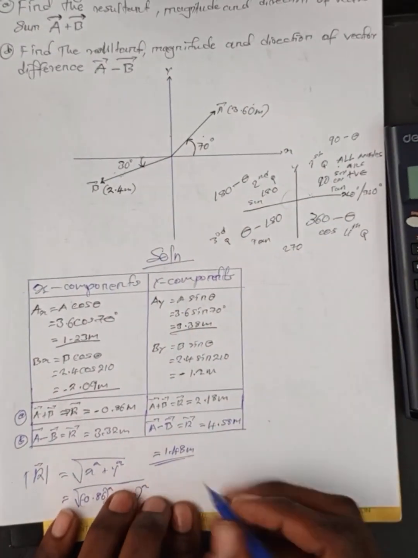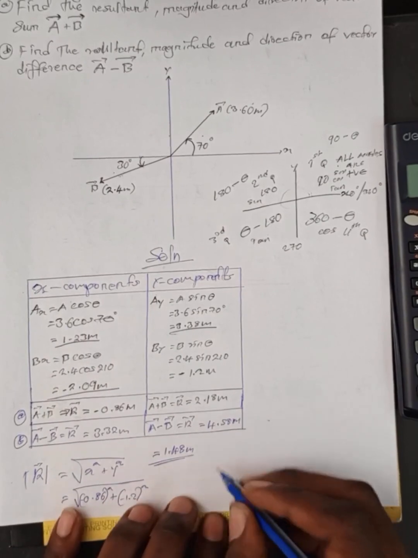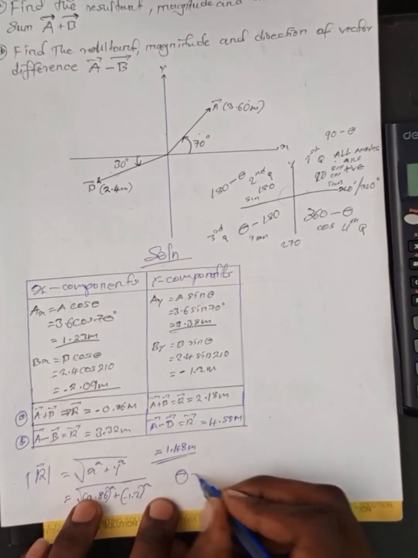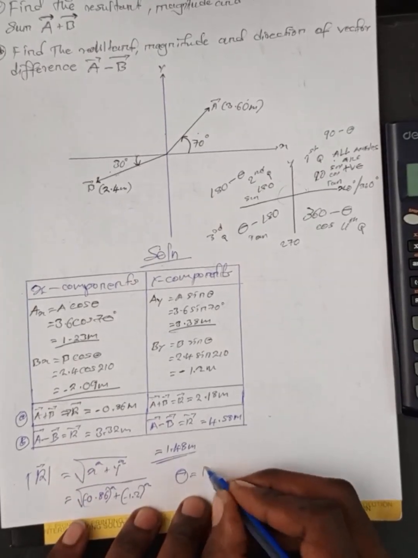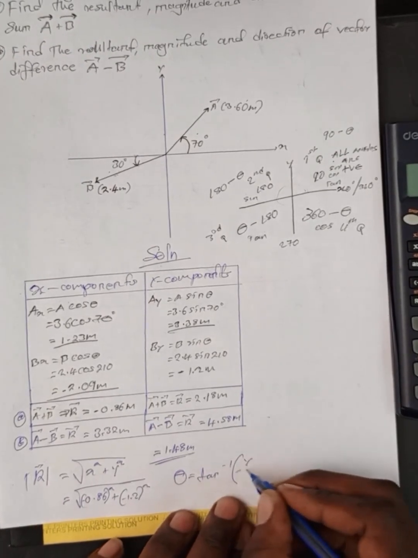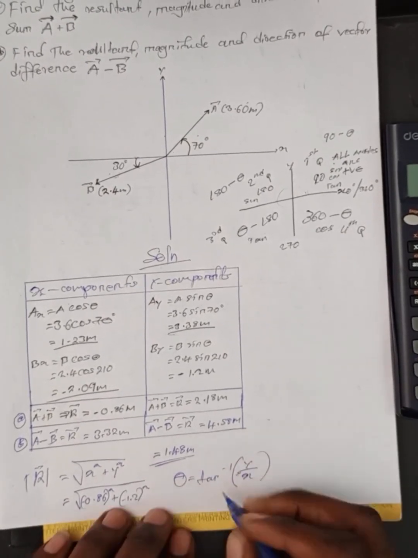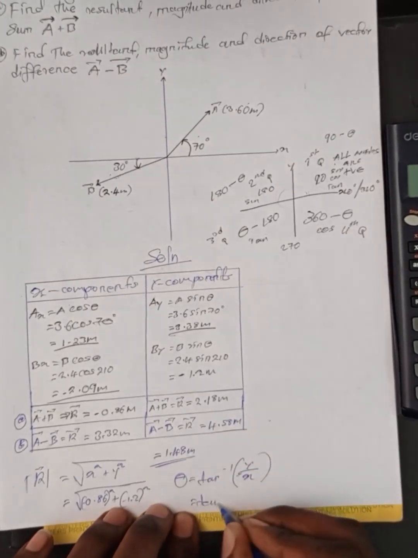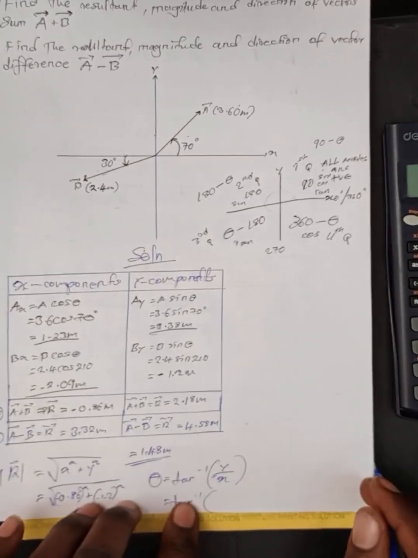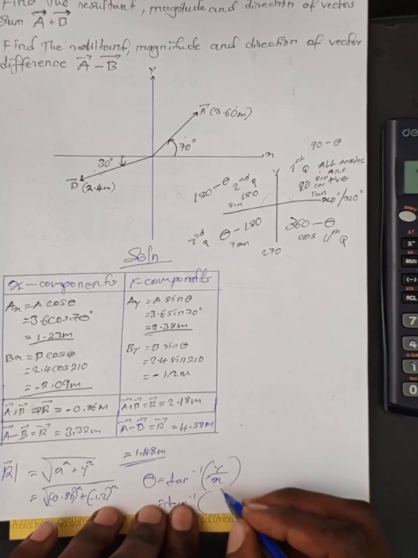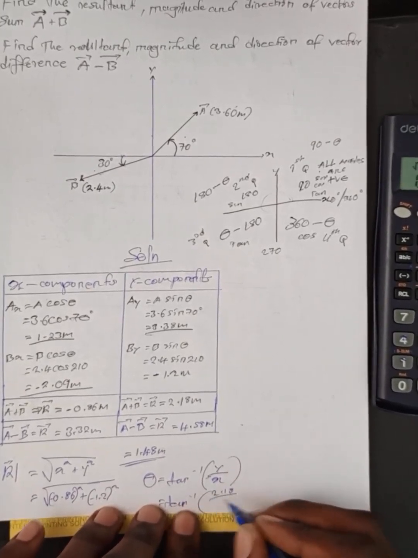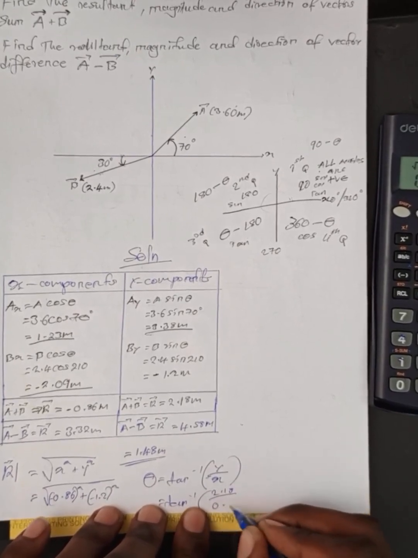Then what is your direction? Direction is given by theta is equal to tan inverse of y over x. So what is y over x? Y is 2.18 over 0.86.